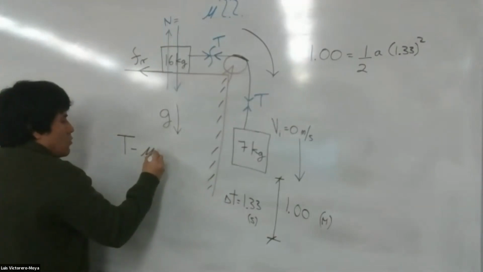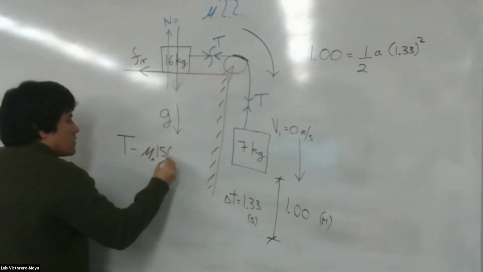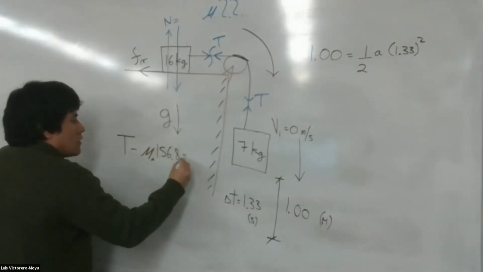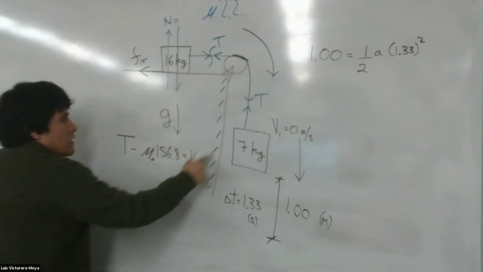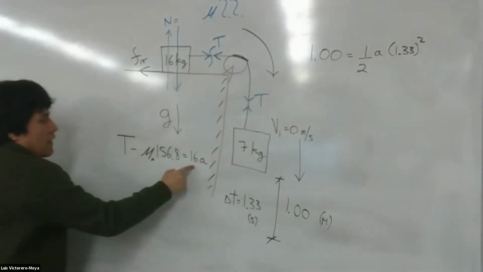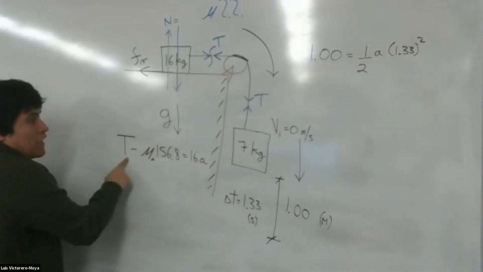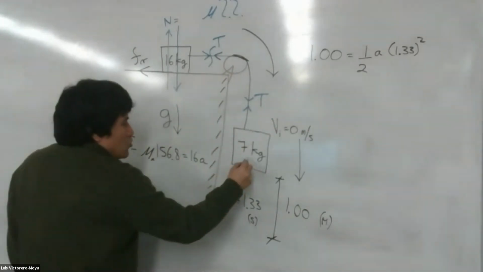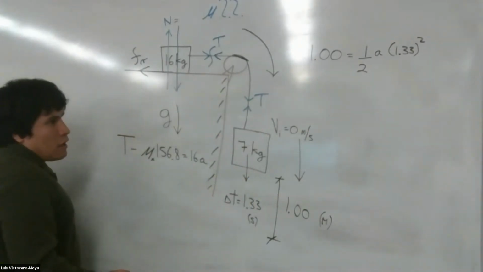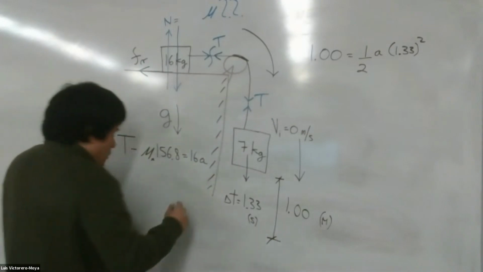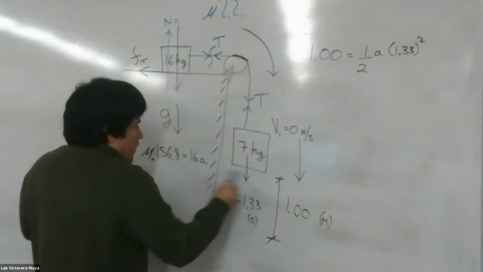So mu times 156.8 equals 16a, where a is the acceleration. But you will have a number there. You don't have the tension, but that's okay, because you also have this: 7 times 9.8 is 68.6, right?